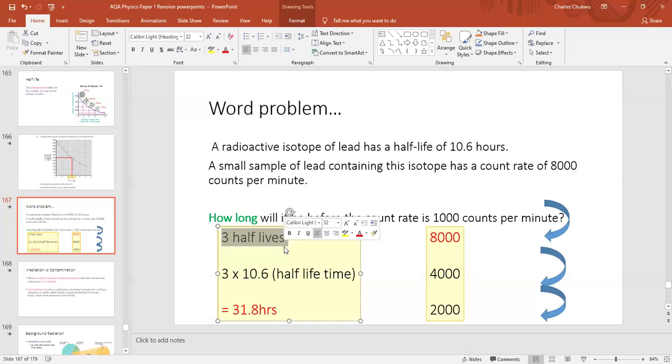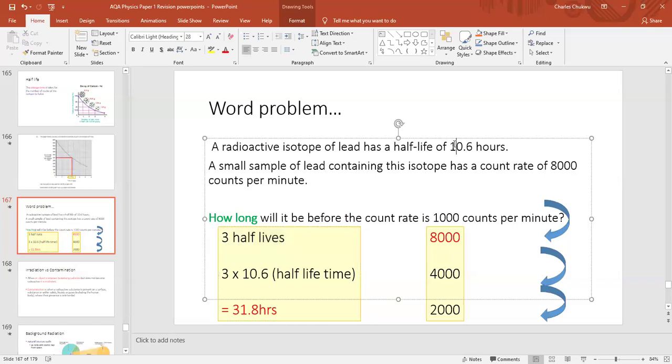And if 1 half-life is 10.6 hours, then 3 half-lives will be 3 times 10.6 hours, which will give us 31.8 hours. So that's how this was arrived at.